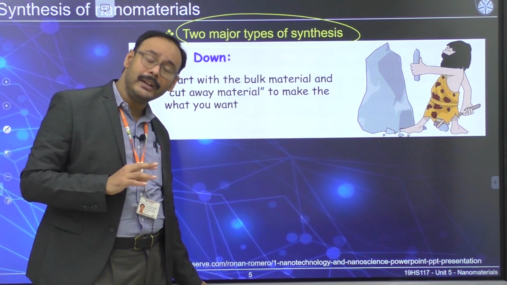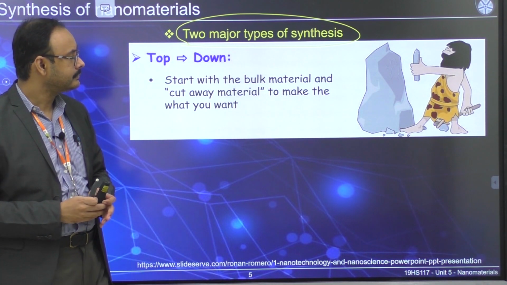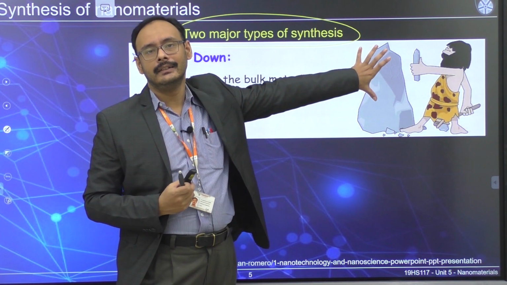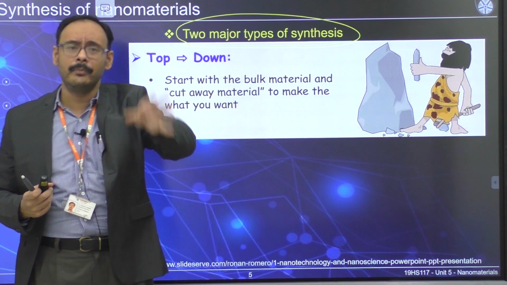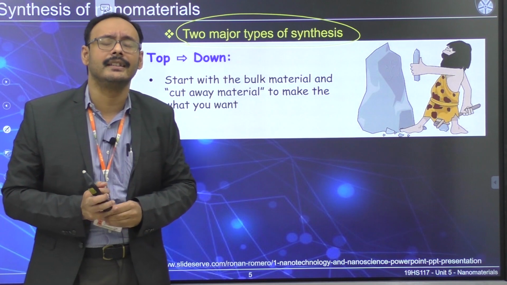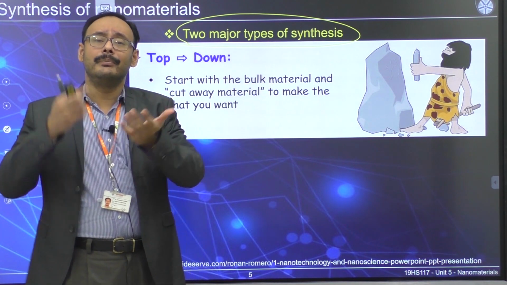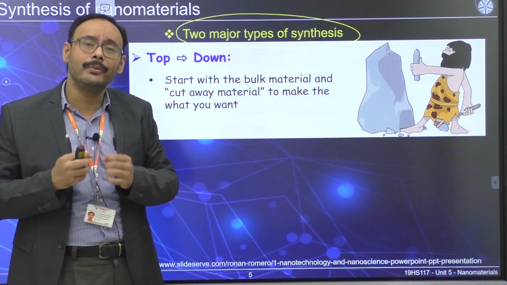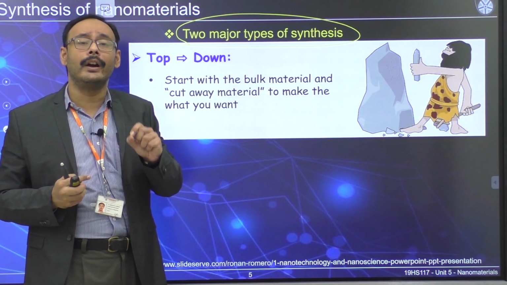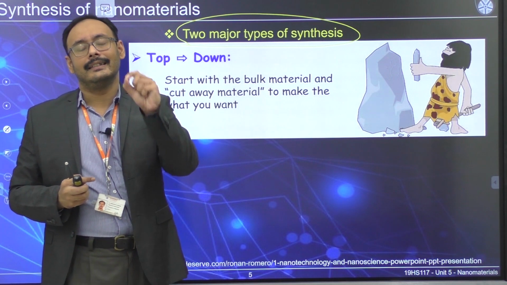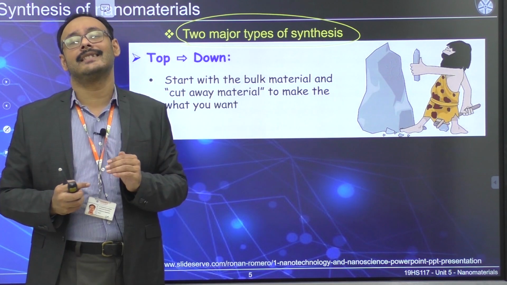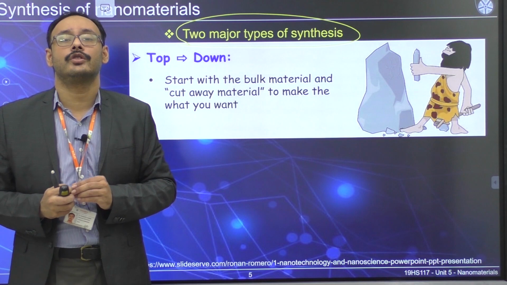That essentially means that you start with a bulk material, and by some way or the other, we will discuss some of the techniques later on, you break it in such a way that eventually you reach the nanoscale. That synthesis is considered top-down synthesis.